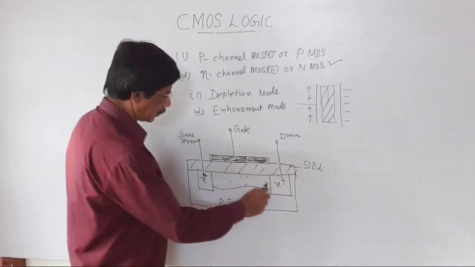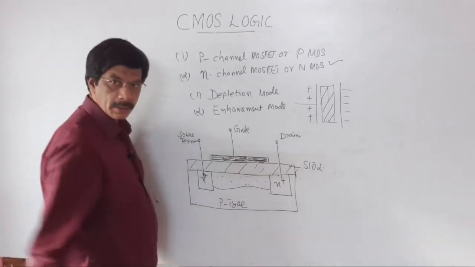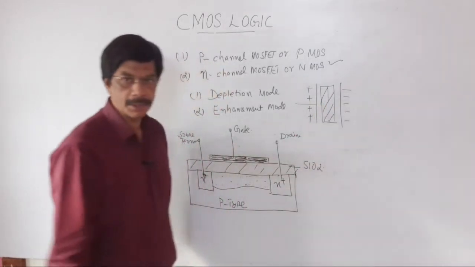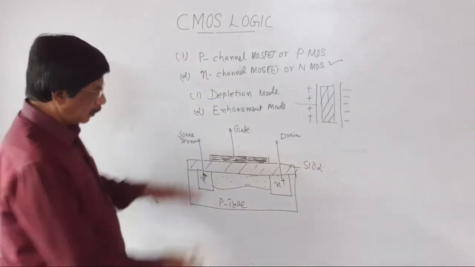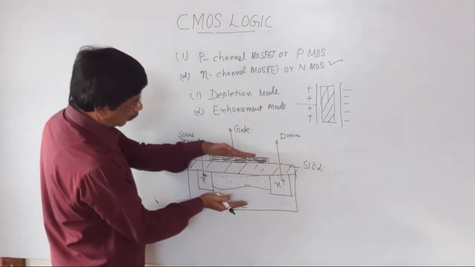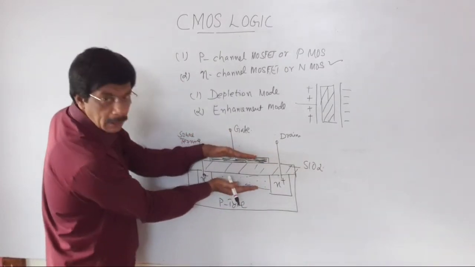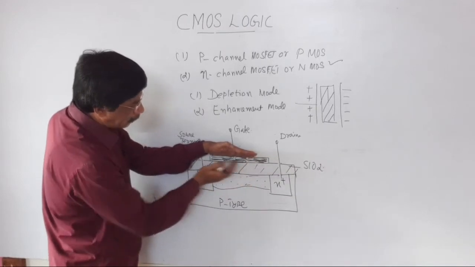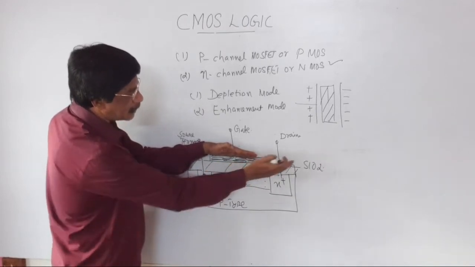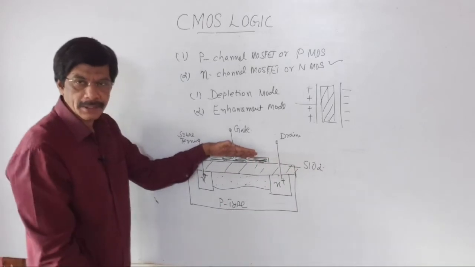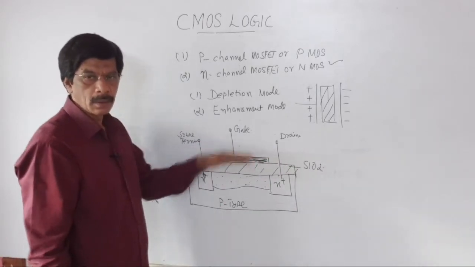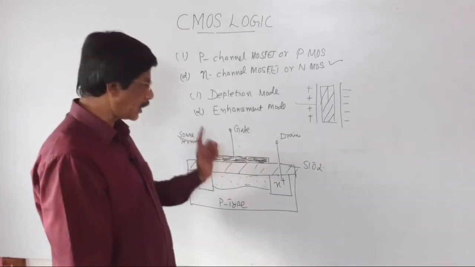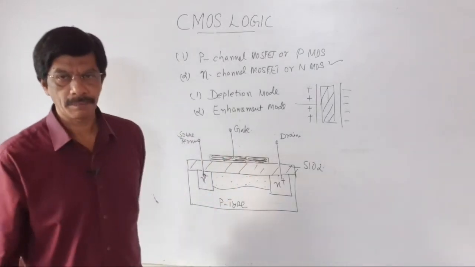Then the channel region acts as the other plate of the parallel plate capacitor. Therefore, this structure consists of one parallel plate, and this is another parallel plate. In between these two parallel plates, there is a dielectric medium, which is the SiO2 layer, the silicon dioxide layer. These are the construction details of the N-channel MOSFET.